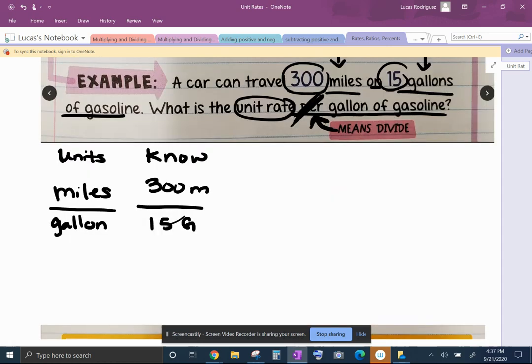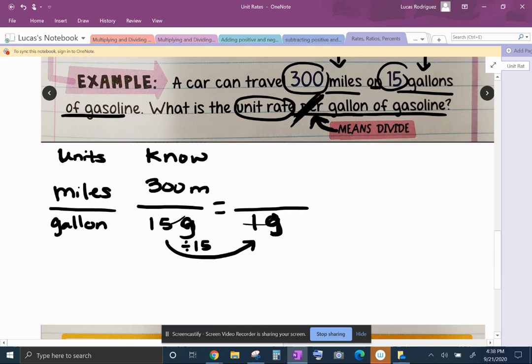So if I want to know how much it is for 1 gallon of gasoline, all I have to do to get from here to here is to divide by the same amount, because 15 divided by 15 will get me 1.